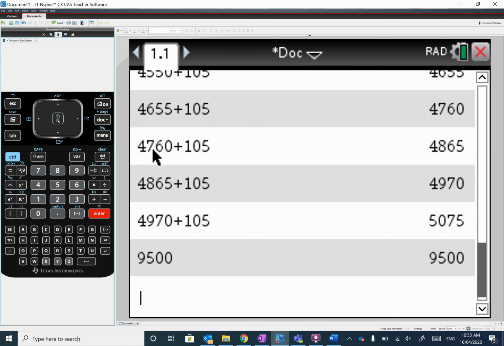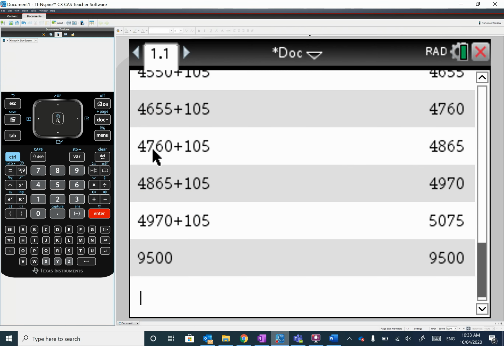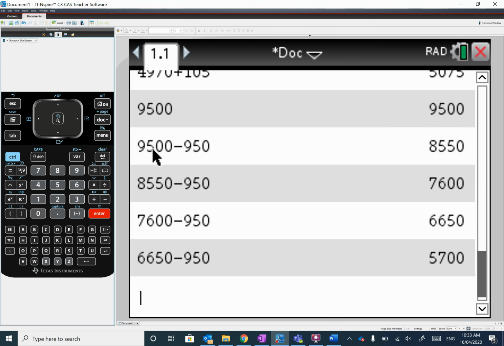Very important that you hit enter first, and we're subtracting 950. So minus 950, and we're doing that for 4 years. Yep. So 1, 2, 3, 4. So the value after 4 years is 5,700.